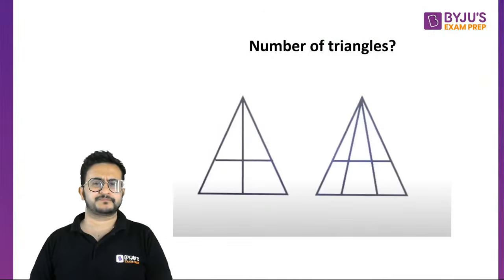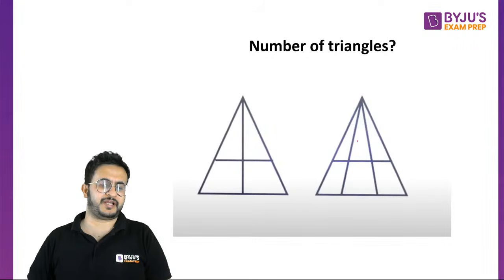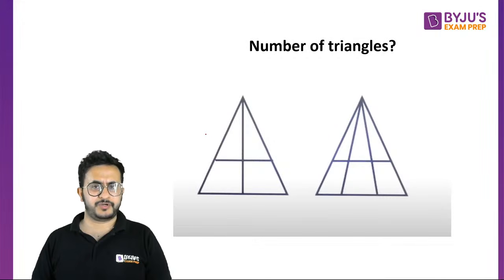Okay, then mixing both of these. If you have this also, now if you have to find the number of triangles in this scenario, what will be the number of triangles? So we can count in this, right?